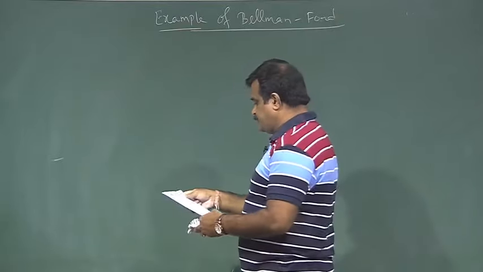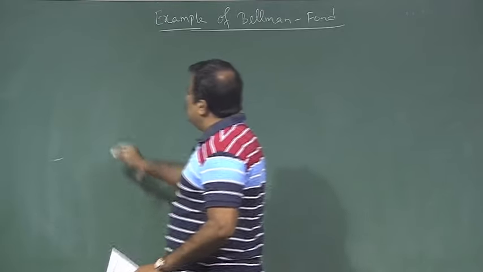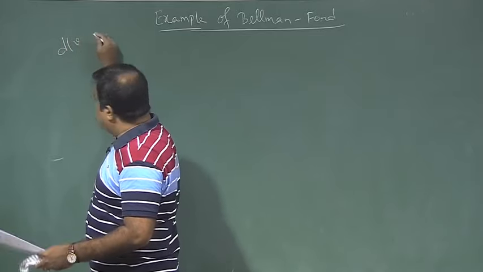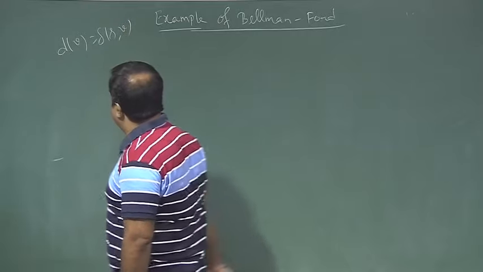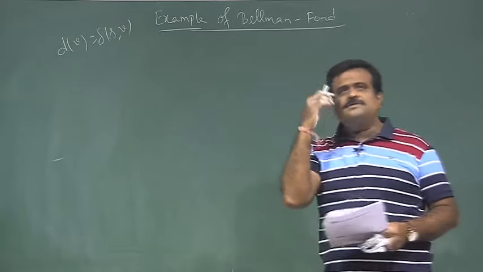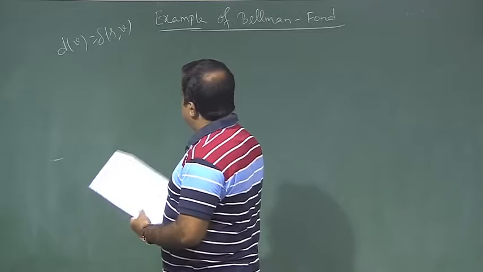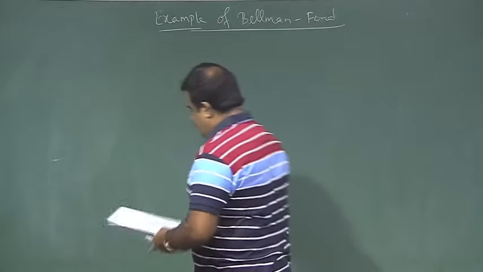At the end of Bellman Ford, d of V should be delta of S comma V. Otherwise, it should report the negative cycle.